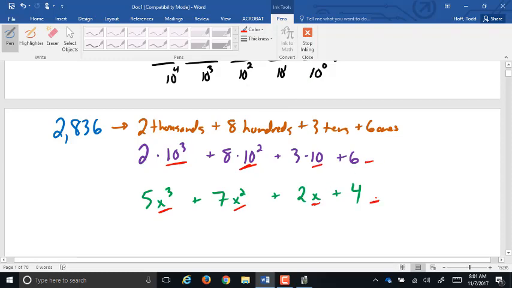Nothing, nothing. Algebraic numbers really are just like our whole numbers, except the place values, instead of being powers of 10, are now powers of x. So instead of the 10 to the third or thousands and 10 squareds and 10s and 1s, it's x to the thirds and x squareds and x's and 1s. Because anything to the power of 0 is 1.